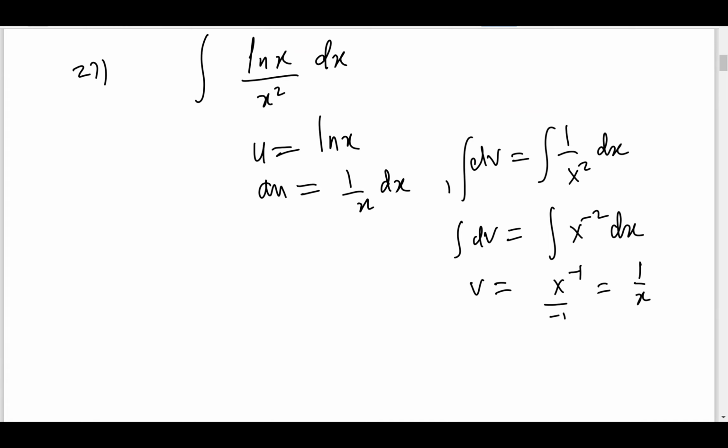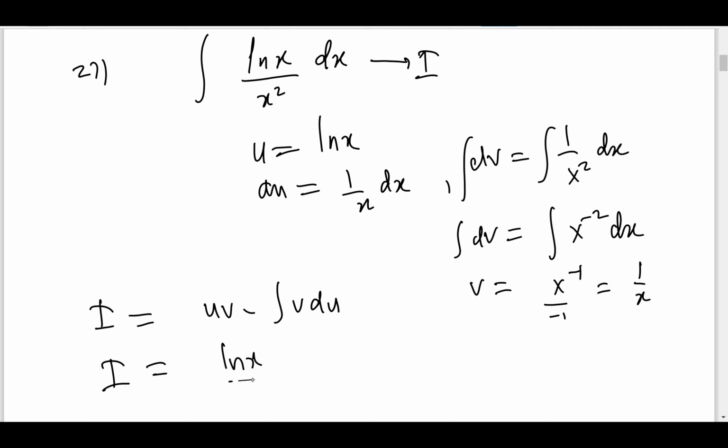Now if I call the integral I, then I is uv minus the integral of v du. So u is ln x, and v is 1 over x, minus the integral of 1 over x times du, which is dx over x.